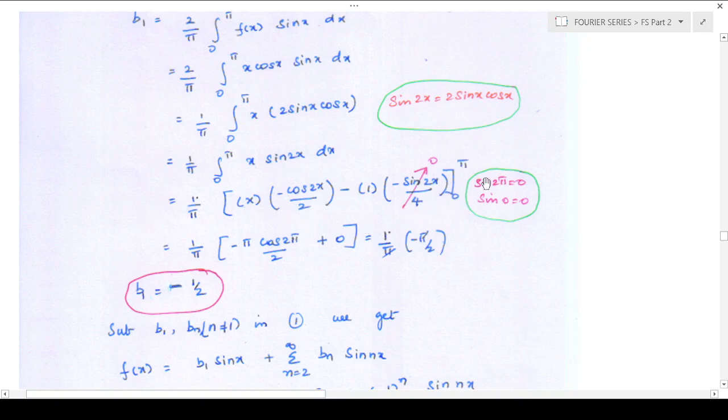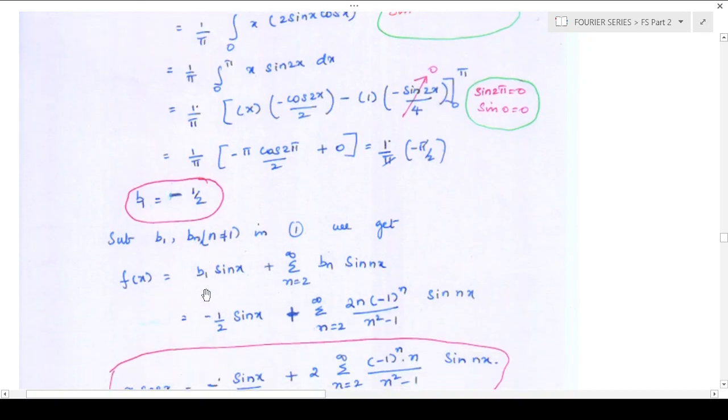Substitute upper limit minus lower limit. Sin 2 pi is 0, sin 0 is also 0, so the second term is 0. Apply the limit for the first term, you will get b1 equal to minus half. So substitute b1 and bn for n not equal to 1 in equation 1. Split the function, that is the summation, as b1 sin x, that is put n equal to 1 separately, plus summation n equal to 2 to infinity bn sin nx.